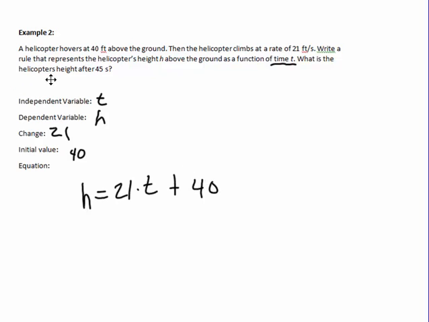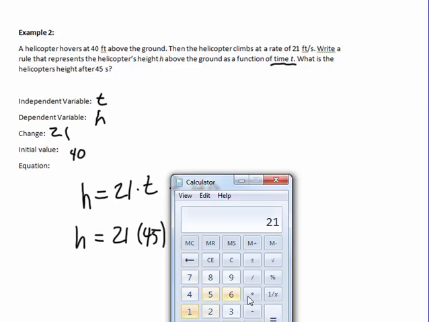And then it asks, what's the helicopter's height after 45 seconds? Well, 45 seconds is time, so I will replace my t value with 45. So h equals 21 times 45 plus 40. I don't know that right off the top of my head, but that's okay, we have calculators for these things. 945, and then we need to add 40 more feet to that.